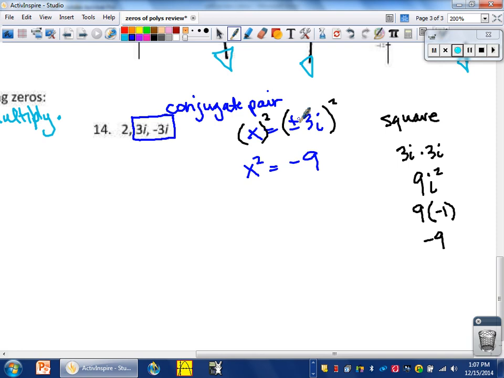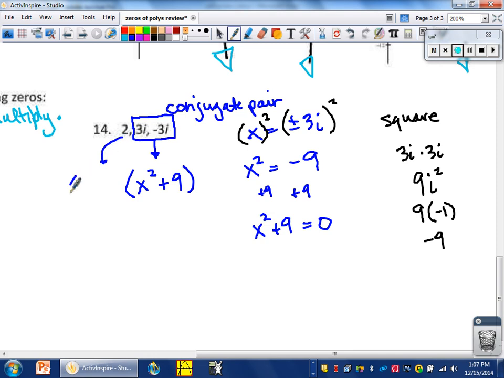If we're unsolving this to go from a solution to a factor, you have to do it this way. So now we're going to add 9 to both sides because we want this to equal 0. So we get x squared plus 9 equals 0. Okay, we have successfully unsolved it. That means that these two zeros give you this one factor. x squared plus 9 is the factor that gives you these two answers.